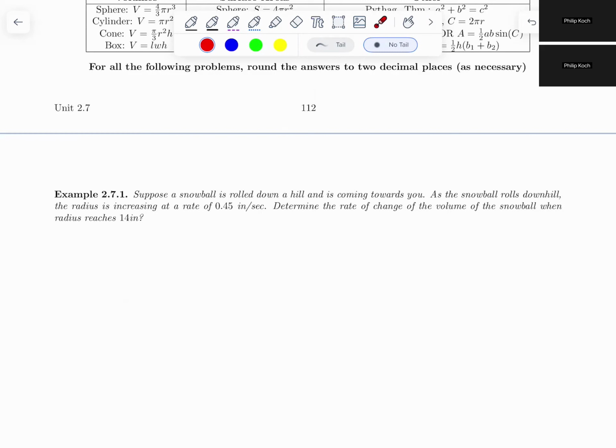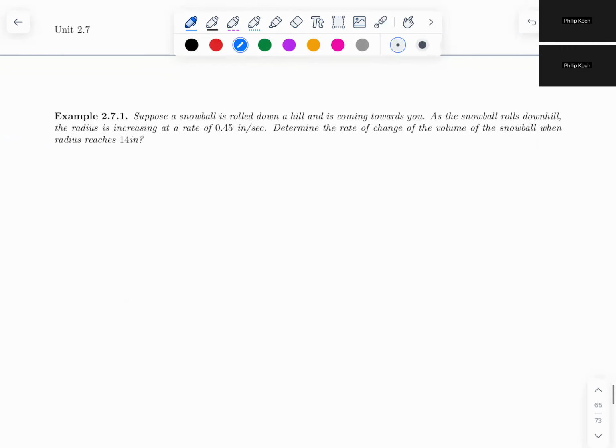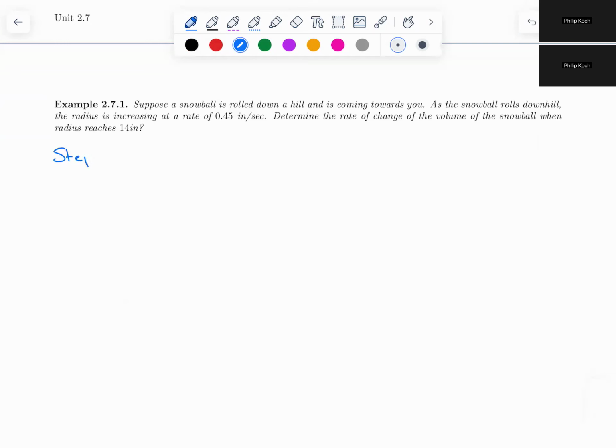So step 0, we've read the problem. We've read it, we've understood it. Let's do step 1. So there's this hill. And here we are at the bottom. And there's a giant snowball up here.